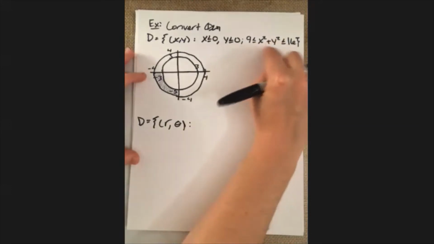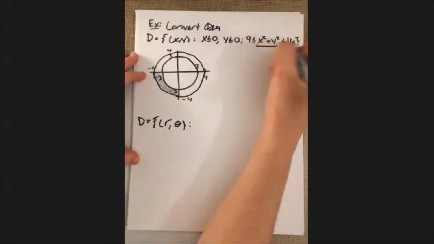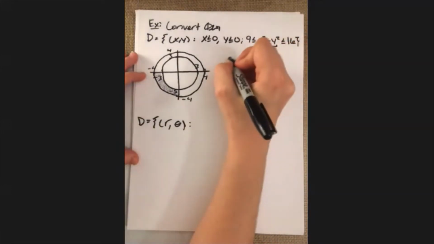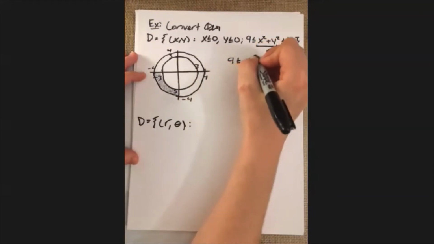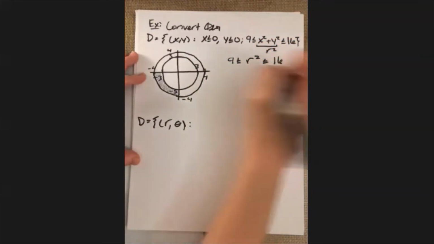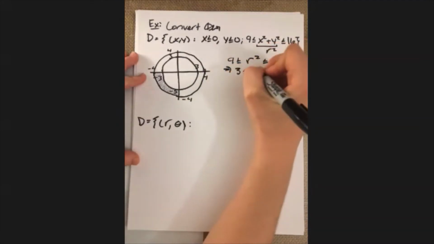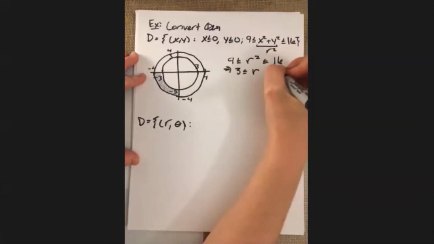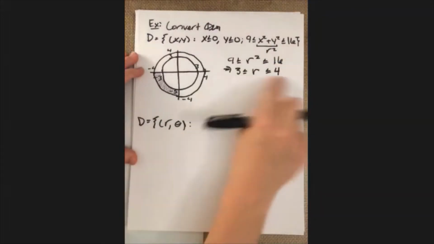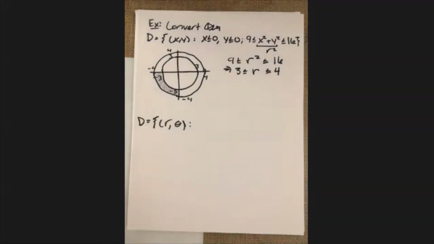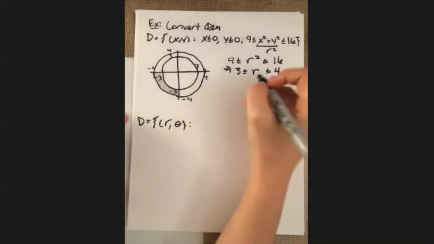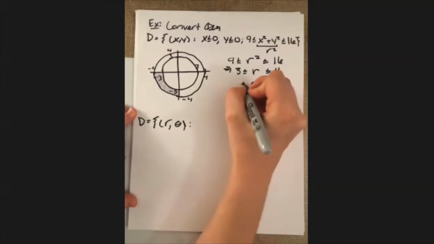Once again, r squared is equal to x squared plus y squared. So r squared has to be between 9 and 16, which means that r has to be between 3 and 4. Okay, so that's our first restriction right there. Now we need to come up with something for theta.